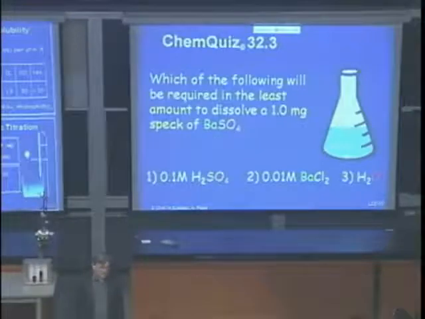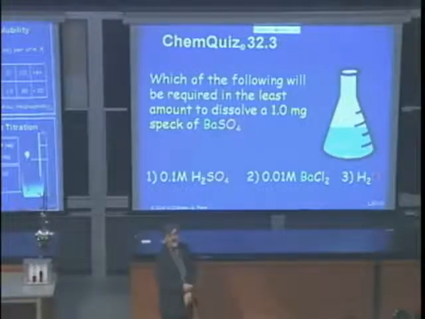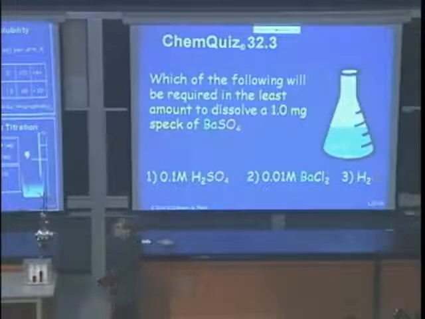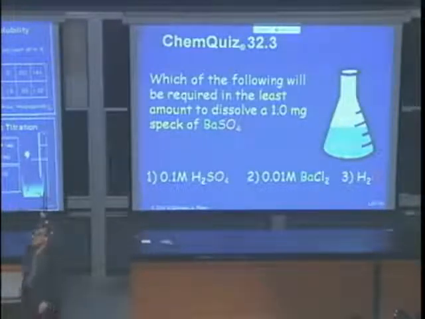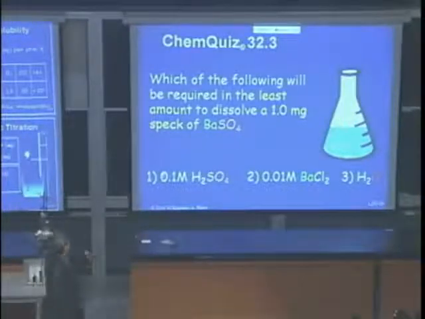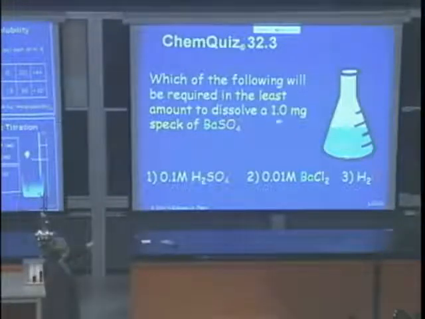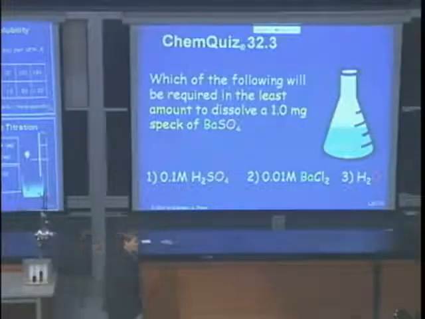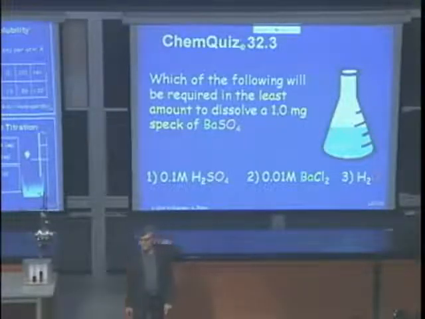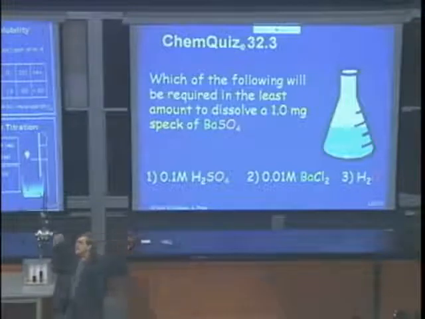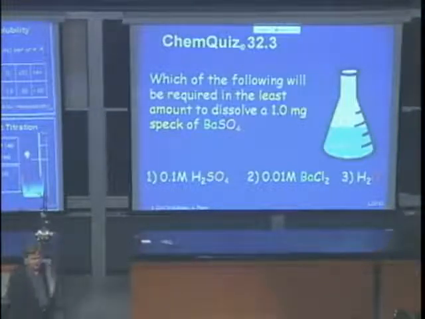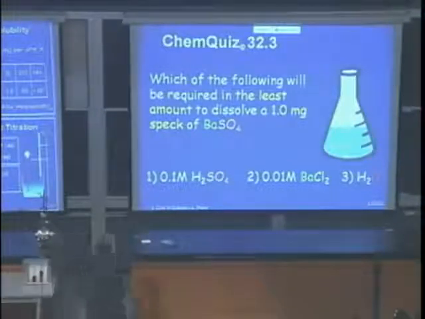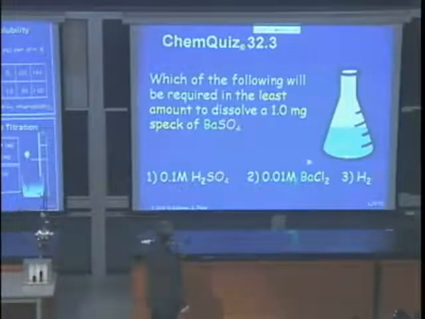So now I'm asking you a question, and this is aiming at the common ion effect, and you have all read about this in your book when you prepared so well for this lecture here today. So I have a speck, 1 milligram of barium sulfate, and I want to dissolve that, okay? So would I use 0.1 molar sulfuric acid, H2SO4? That would be answer A or 1. Or would I use 0.1 molar barium chloride?